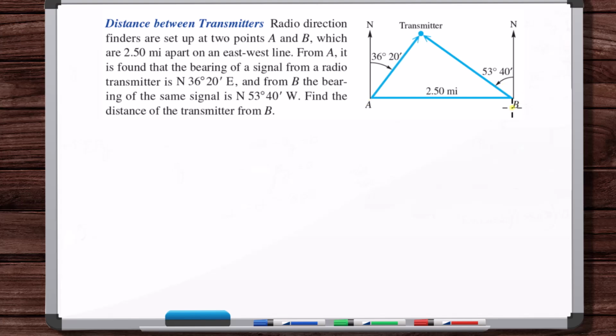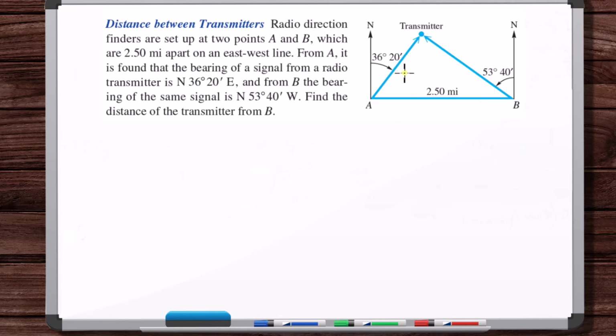And then from B, it detects the signal at north 53 degrees 40 minutes west. We can get these angles because this angle and this angle are complementary, and this angle and this angle are complementary. So these two angles are complementary too, and if two angles in a triangle are complementary, it's a right triangle.